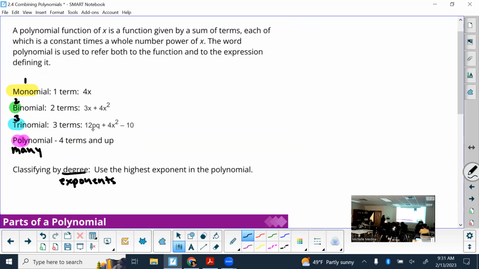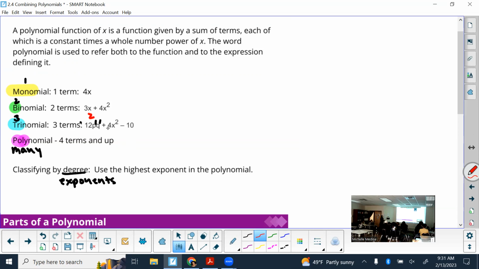So what is the exponent on this e right here? What's the exponent if it's not written? It is 1. So it's e to the first. And what's the exponent on the cube? Also 1. So the degree of this first term is going to be 2, because 1 plus 1.